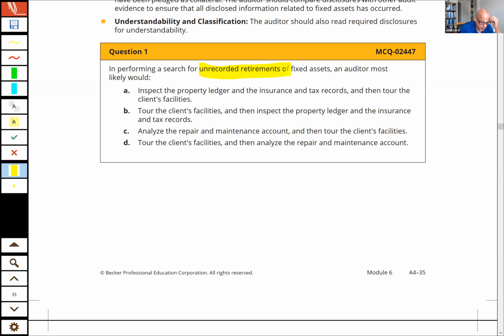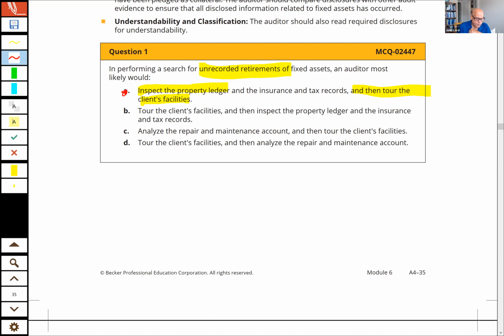And so they tell us in A, inspect the property ledger and then tour the facility. Well, if something's sitting on the property ledger and it was an older asset, and then we toured the facility, we would find that that old thing is either a hunk of junk now, obsolete, or no longer on the premises. So we would have found the unrecorded retirement by doing item A.